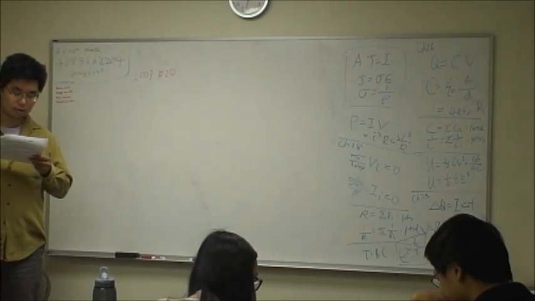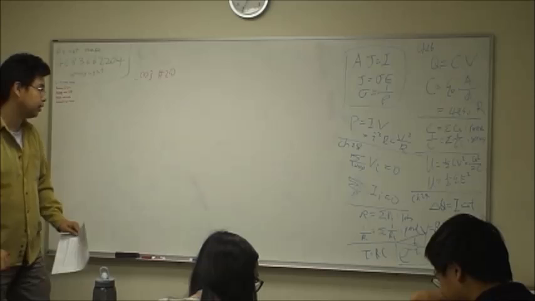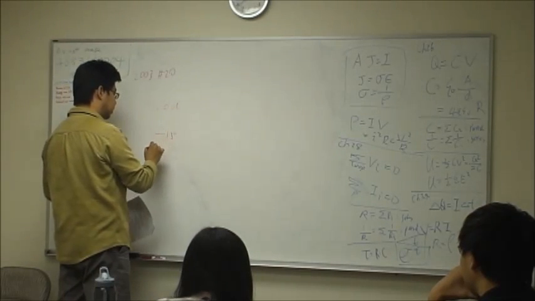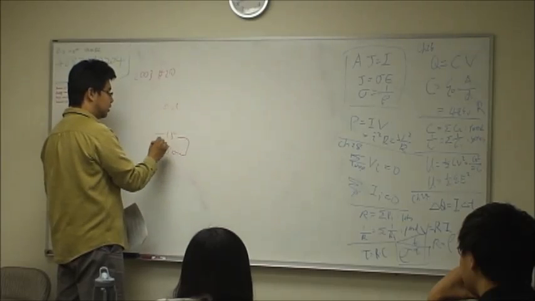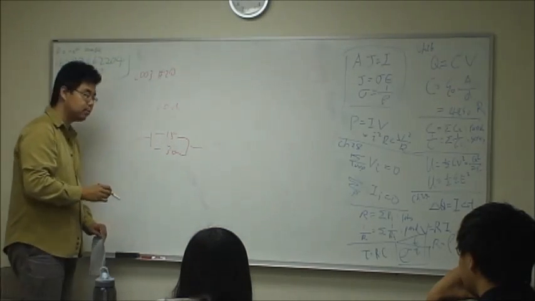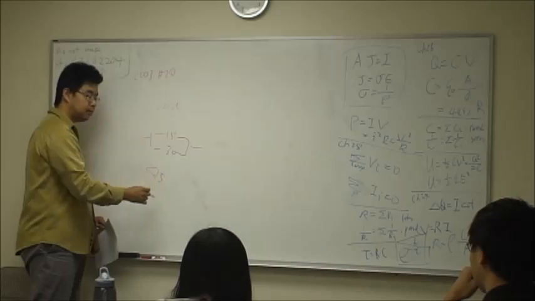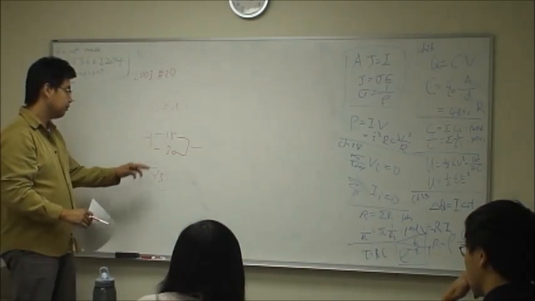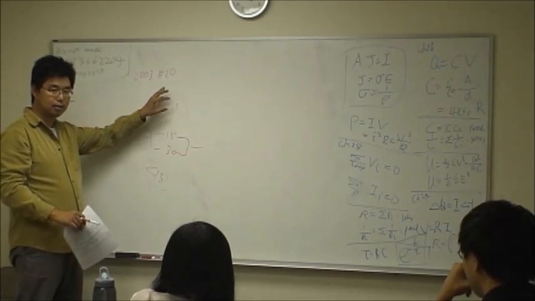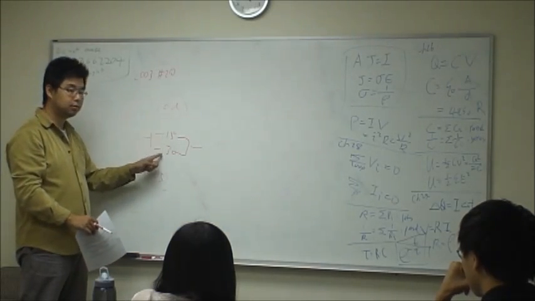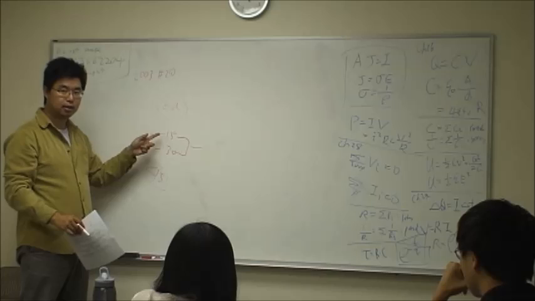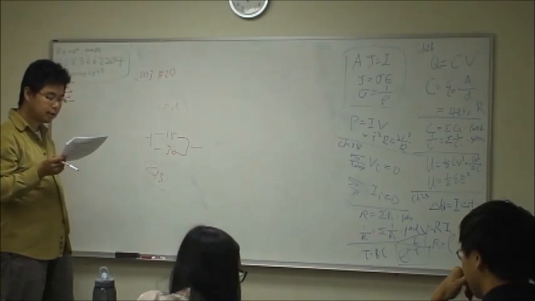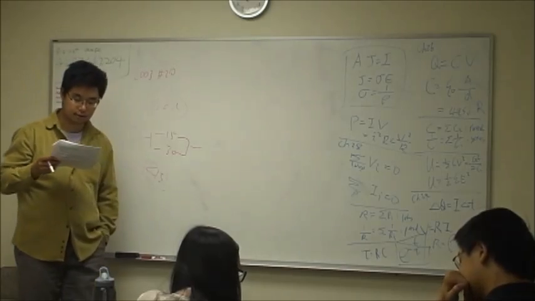It shouldn't be equal to the potential across 20 because the 15 and the 30 in parallel to each other give a resistance that must be smaller than 15, right? Means that this one and this one, the voltage won't be the same. If the resistance here is equal to 20, then they are the same. However, when two are in parallel, the final result will be less than the smaller one. Okay? So A is not right. For B, C, D, basically we know it's equal, so it's answer C.